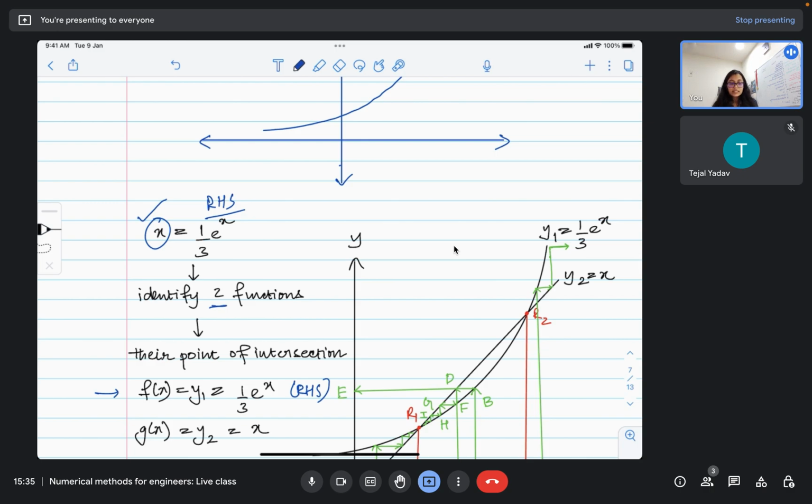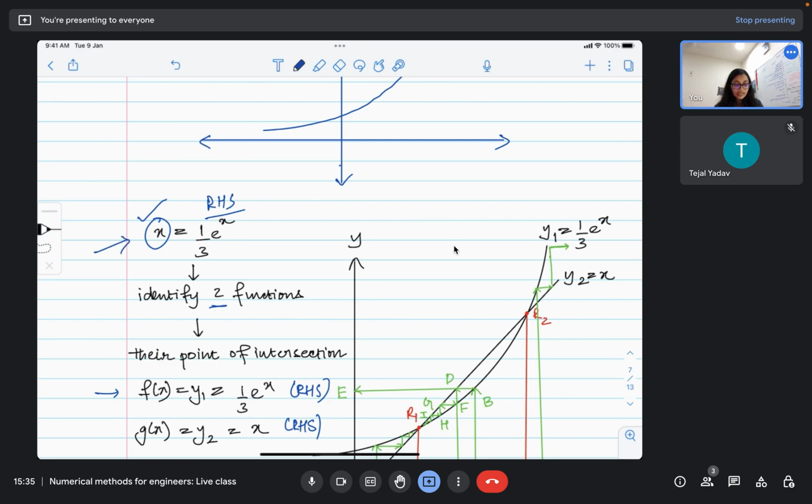Now, when you have identified the two functions, your aim is to find their point of intersection. Why are we finding the point of intersection? Those will give us the roots of the original function. This is the recasted form, but it will give us the roots of the original function.